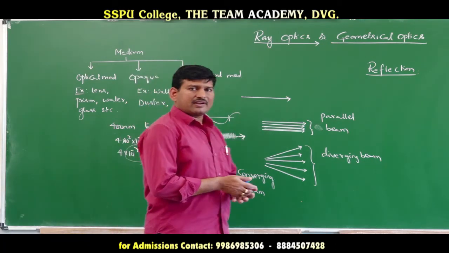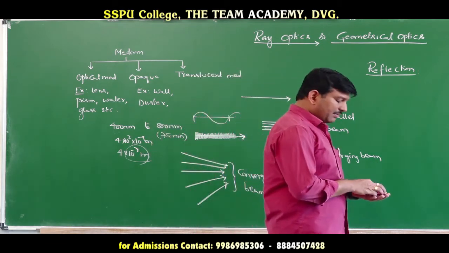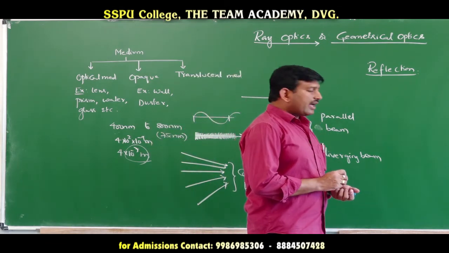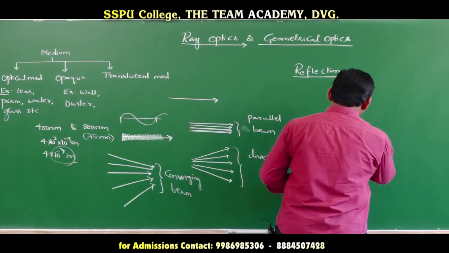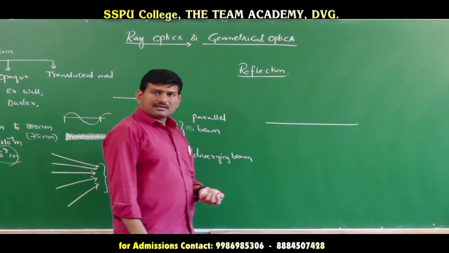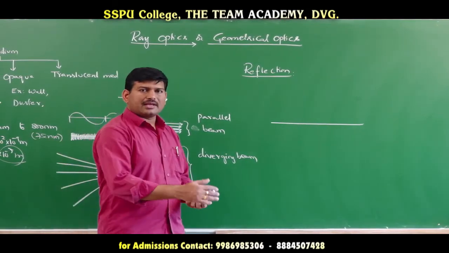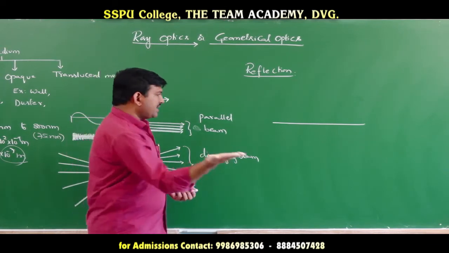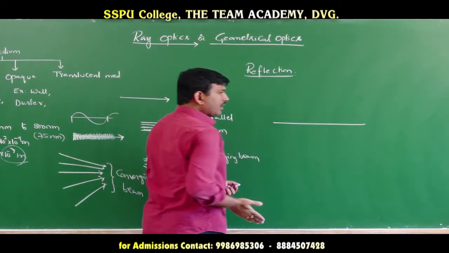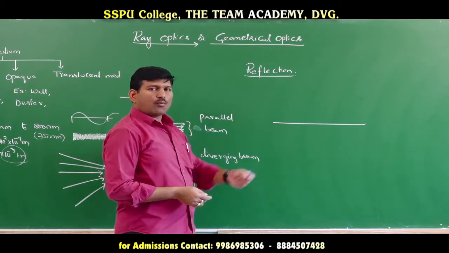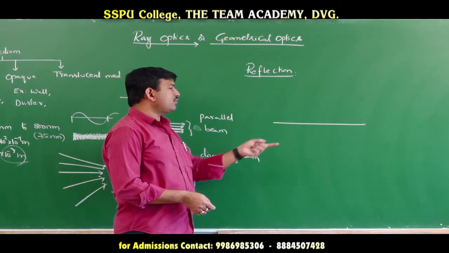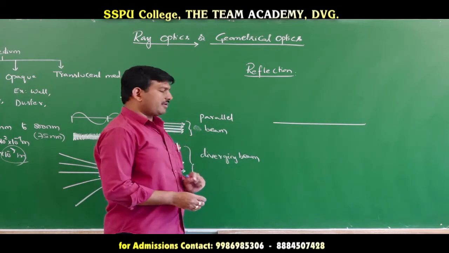To understand the reflection, we have to understand first what is meant by an interface. An interface is nothing but, let us consider this is a plane. It is not a line, but it is a plane. It is a plane like this. And above this plane, one kind of optical medium is there, and below this plane, another kind of optical medium is there.